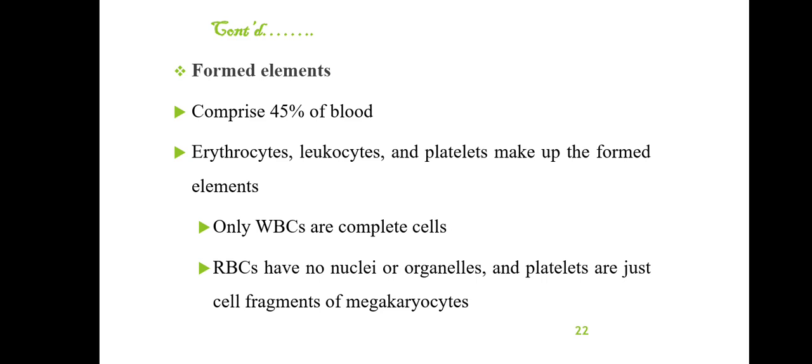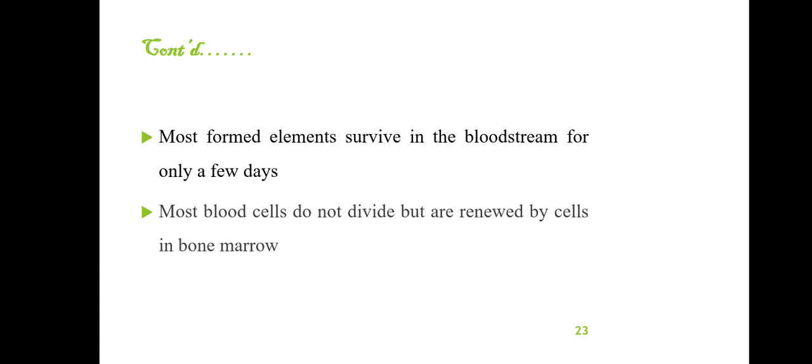White blood cells are complete cells. However, when you look at red blood cells, they don't even have a nucleus. Okay? Red blood cells have no nuclei or organelles, and platelets are just cell fragments of megakaryocytes. They are not even one single matrix. They are of different components. So know this important thing: only white blood cells are complete cells.